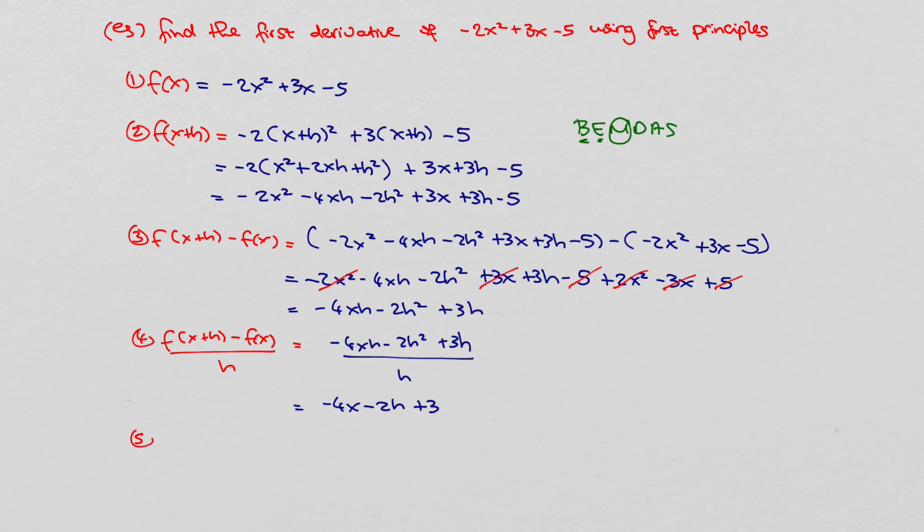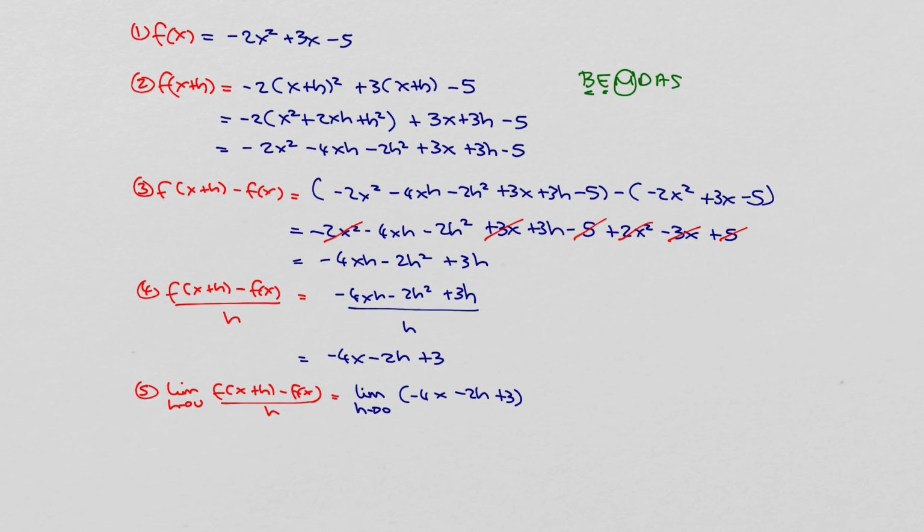So last step, limit as h tends to 0 of f of x plus h minus f of x all over h. So that means I'm finding the limit as h tends to 0 of minus 4x minus 2h plus 3, which means that my first derivative is minus 4x plus 3.